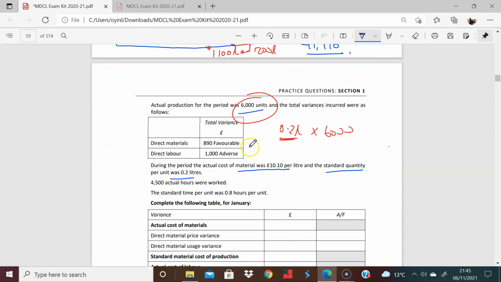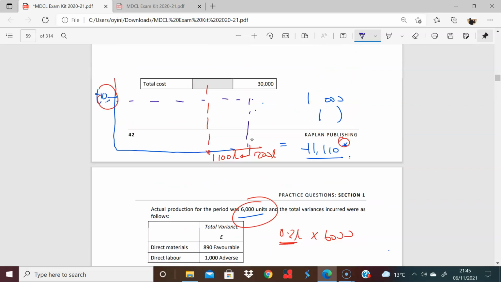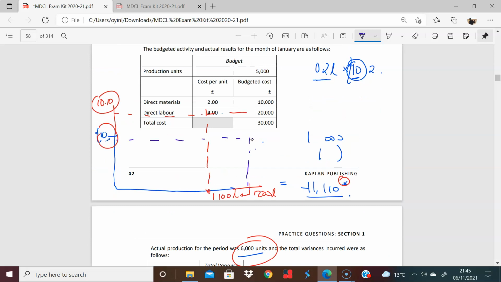The first question says here for material variance: find the material price variance and the usage variance. Let's discuss the usage variance first. The usage variance here is that you ended up using 1,100 liters instead of 1,200. So that's a 100 liter favorability, right? That's the favorable point here.